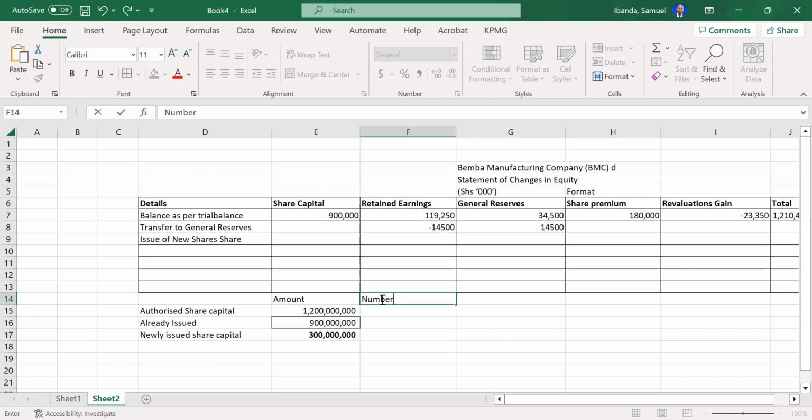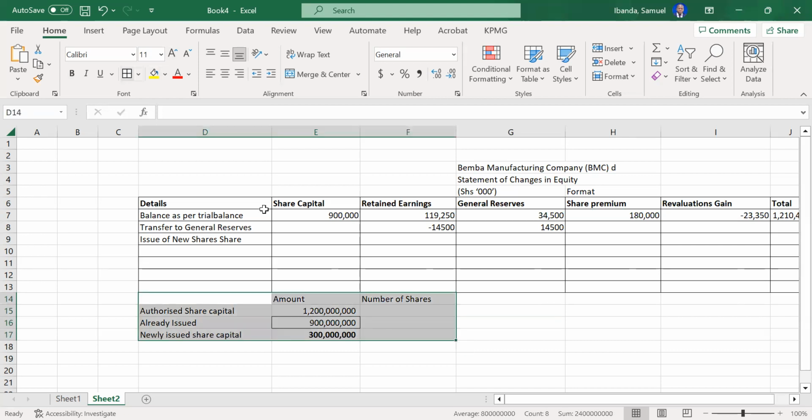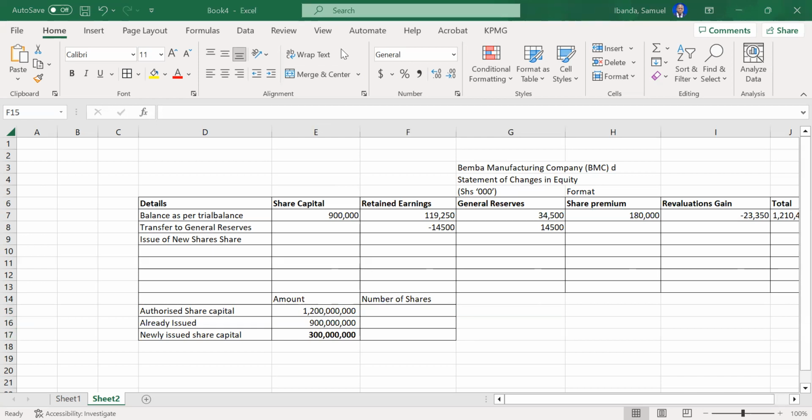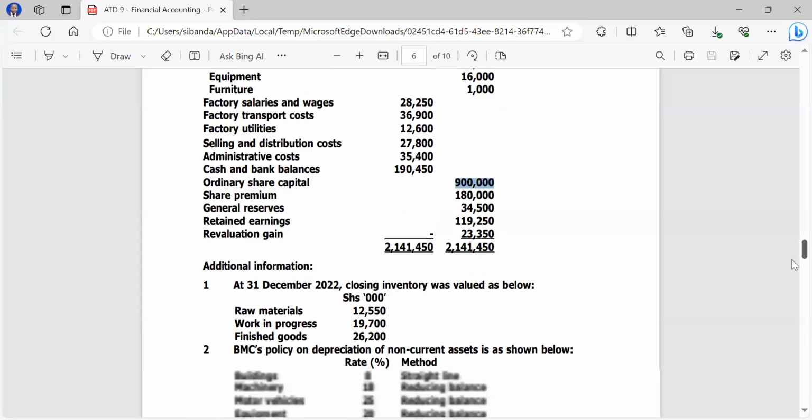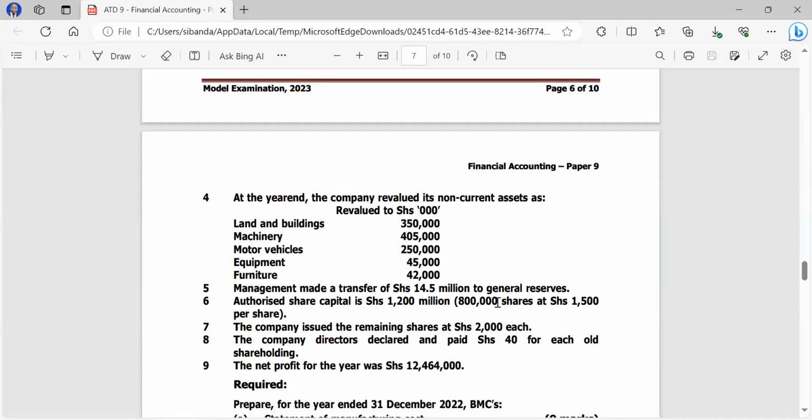Now we have the number of shares. The examiner has told us that there are 800 shares.